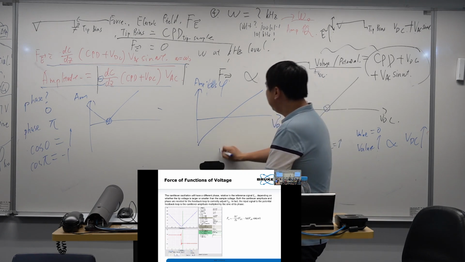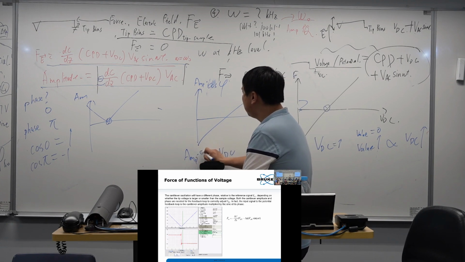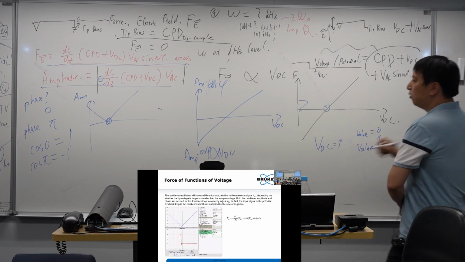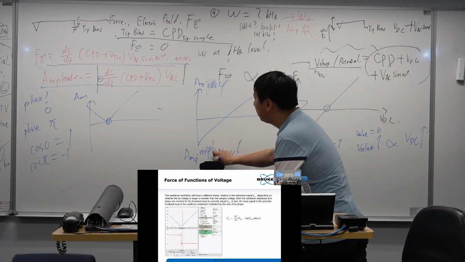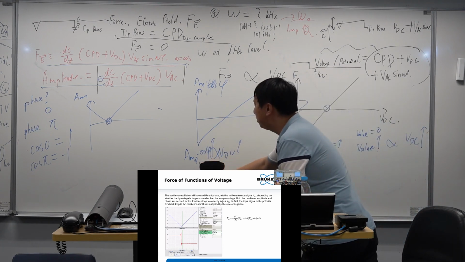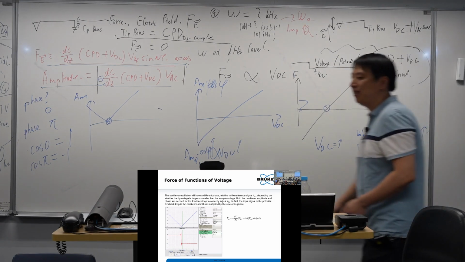The amplitude times cosine phi is proportional to VDC. The VDC increases, this value increases, and he easily finds this value equals 0. That's how the Bruker guys came up with this idea.